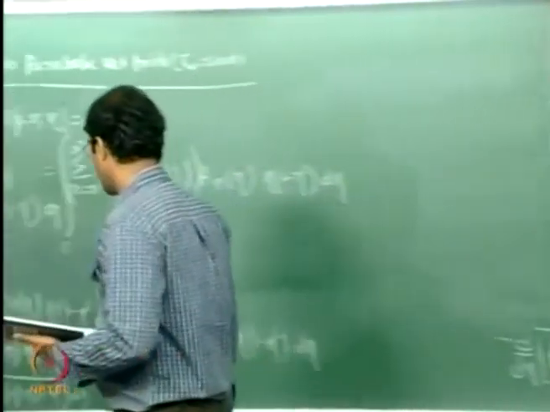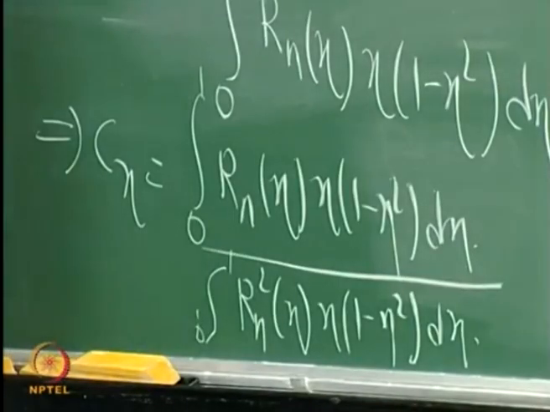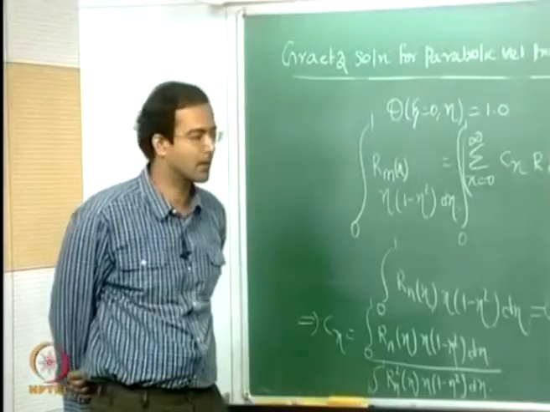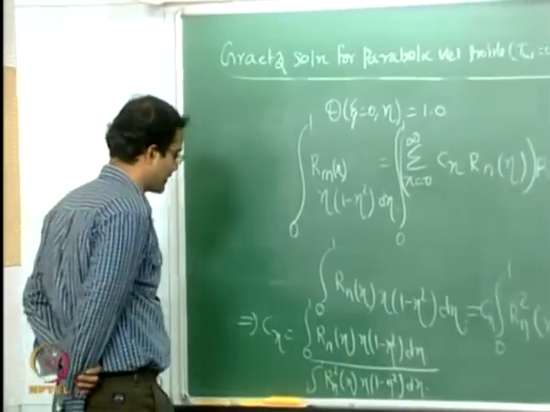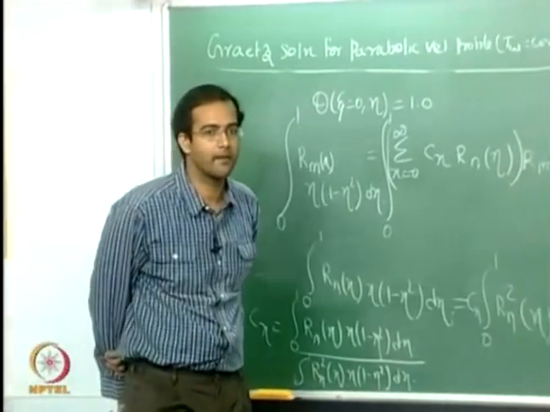So now I have to evaluate these integrals. How do I do that? For example, how do I calculate the integral in the denominator, 0 to 1 Rn square eta into 1 minus eta square d eta?